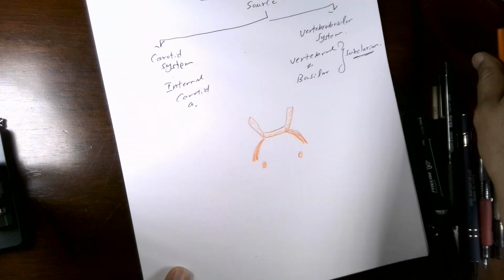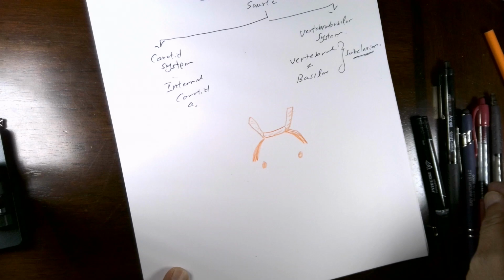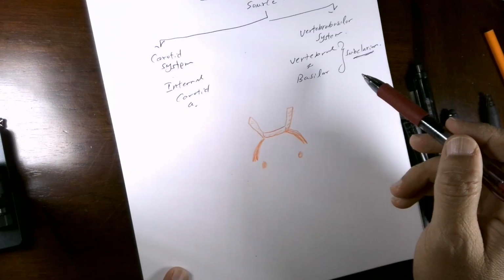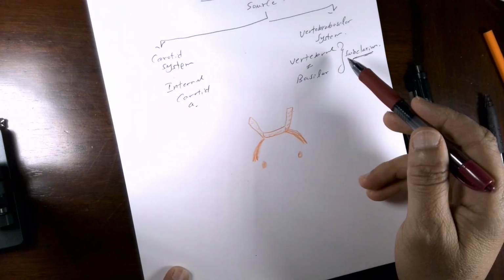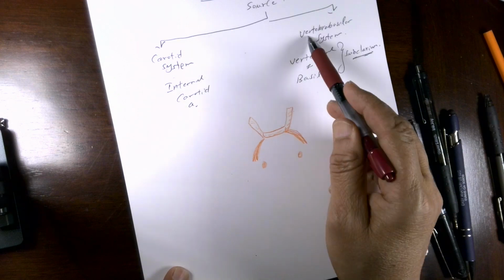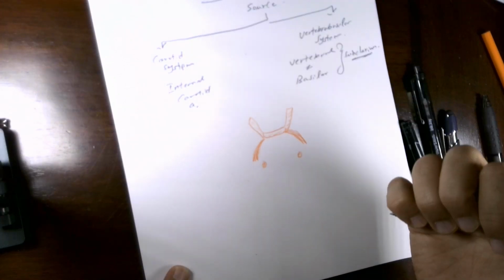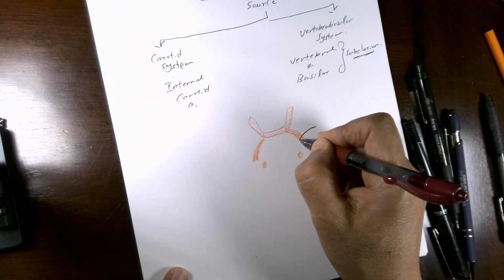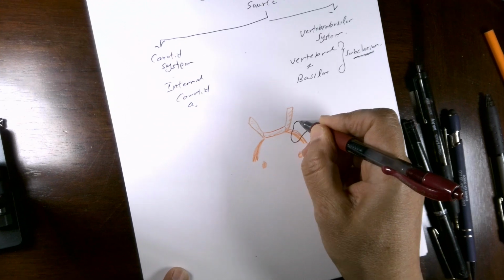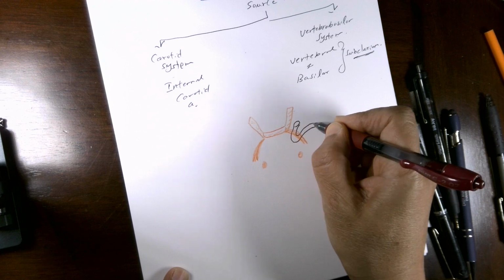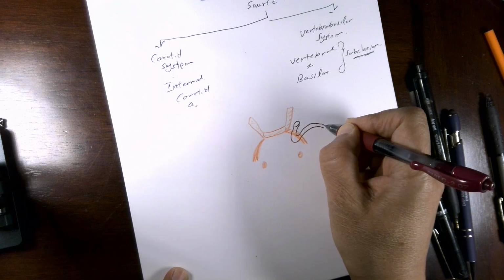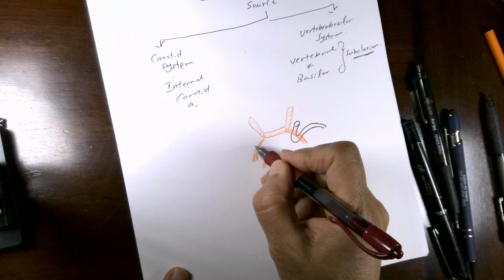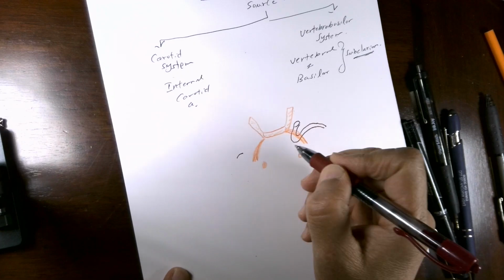But this is just to look at this area where there is a point of anastomosis between both systems, carotid and vertebro-basilar. You will find the internal carotid artery coming here and forming the carotid system. So here is the internal carotid artery.